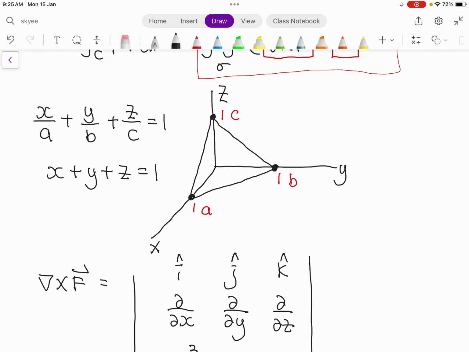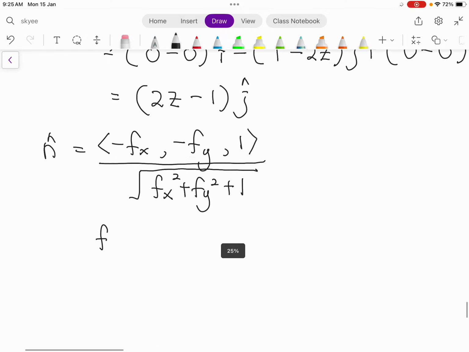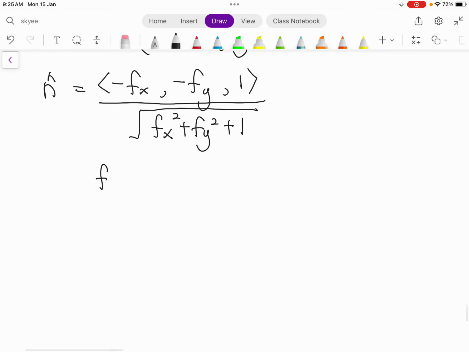You have to find this out yourself, because the question didn't give you this information. For the surface, f will be z, which equals 1 minus x minus y. So your fx will be -1, and your fy will be -1 as well.